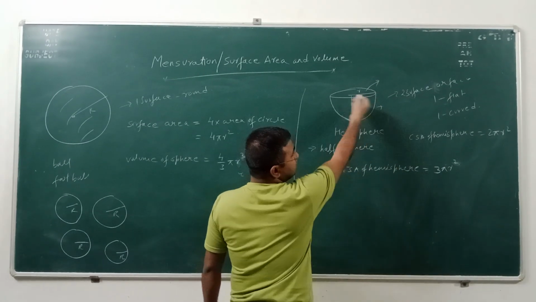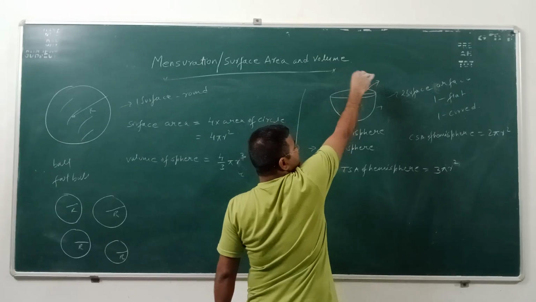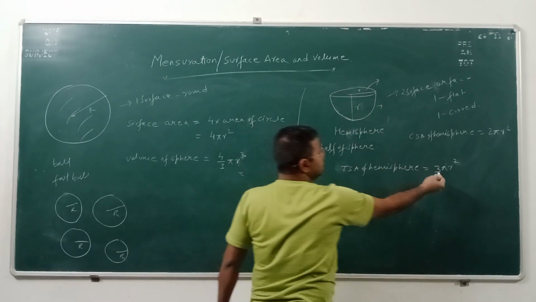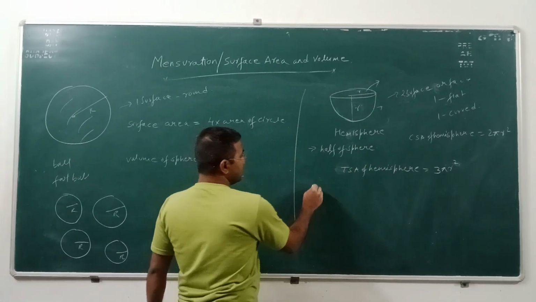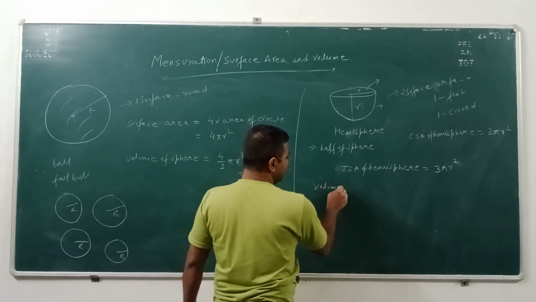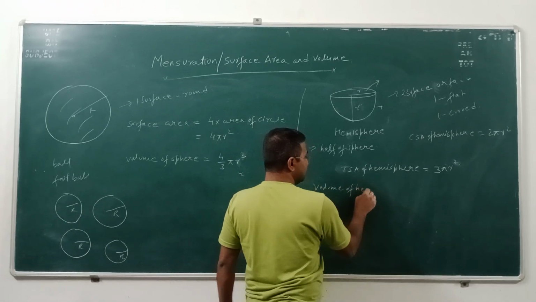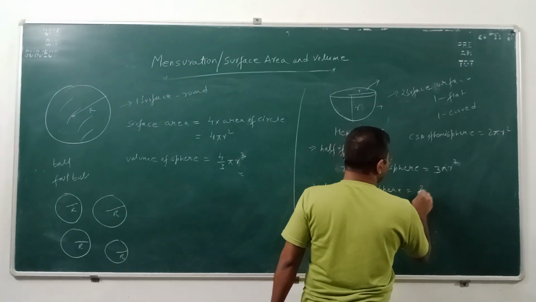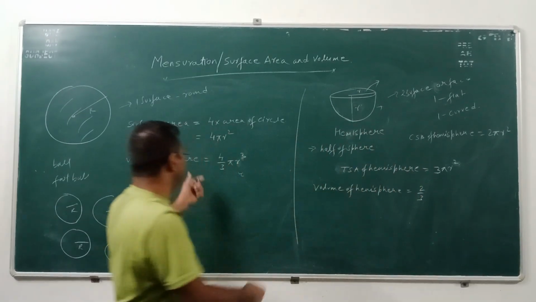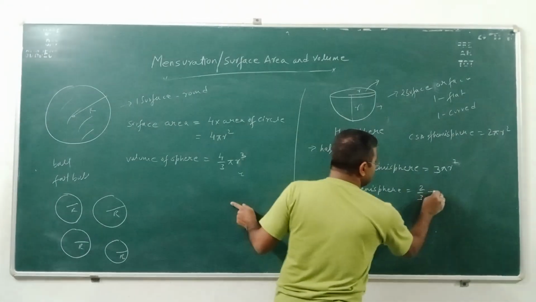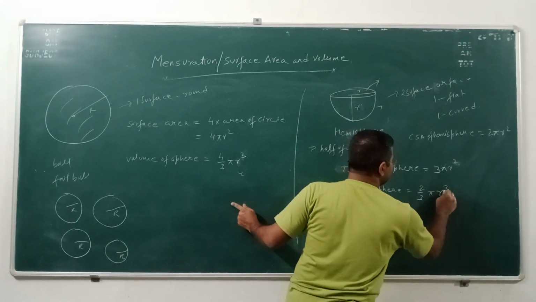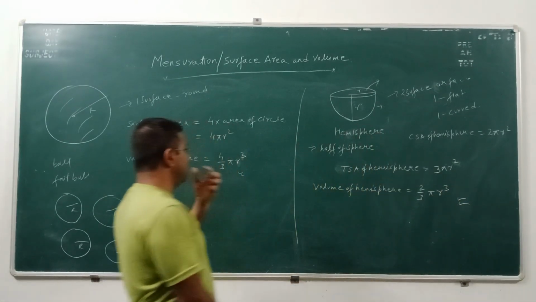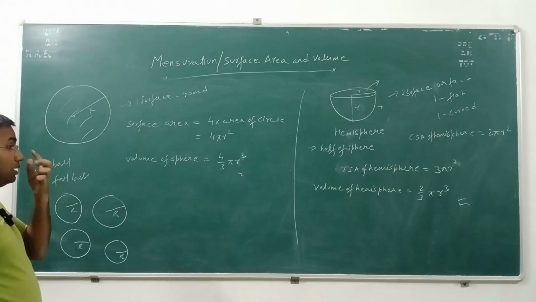See, one is 2 pi r square and one is pi r square, means 3 pi r square will come. And if you talk about volume of hemisphere, that will be 2 upon 3, means half of sphere, 2 upon 3 pi r cube. So here this will be the volume of hemisphere.